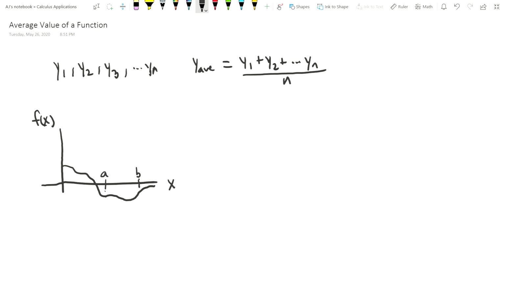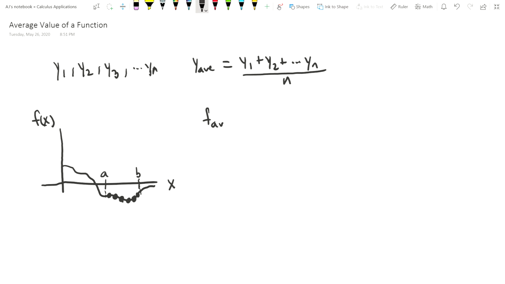So that's going to be between here and here. One way to do it is by taking the value of the function at specific points and averaging these values. It's not a perfect answer, but it's an approximation. We can approximate the function by taking a finite number of values between a and b and averaging them.